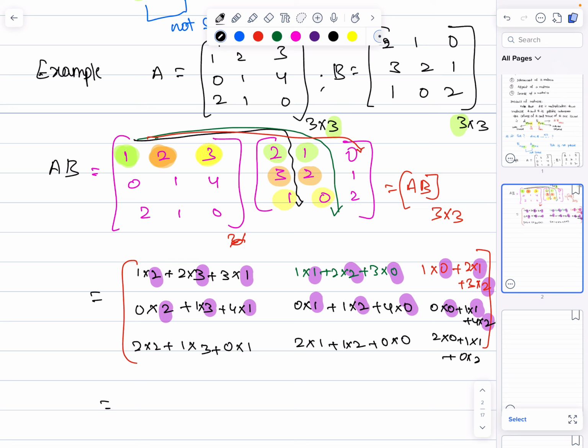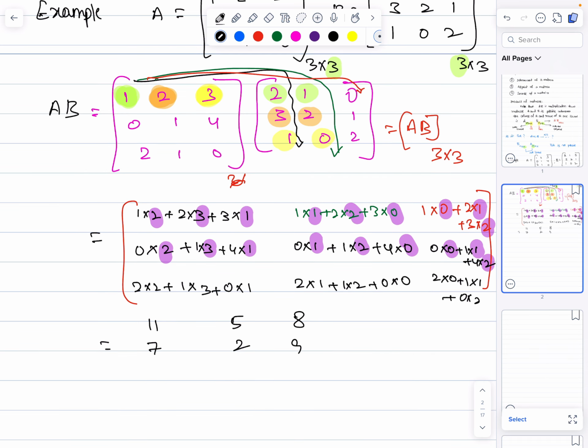If you simplify, you will be getting 11, and then the other one is 1 plus 4, 5, and the last one is 3 2 is 6, 8, and then this is 3 plus 4, 7, and the other one is 2, the other one is 9.